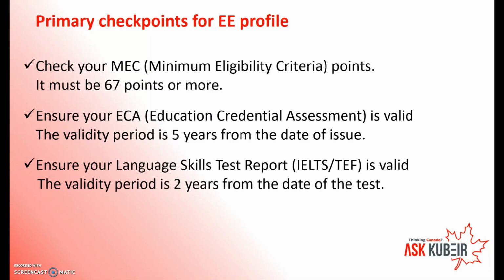The next one obviously is your language skills test report. Since you get points on your minimum eligibility criteria as well as on CRS for your language skills, you have to ensure that it is valid when you're creating your Express Entry profile. The validity period is 2 years from the date of the test, so please make sure that is valid.